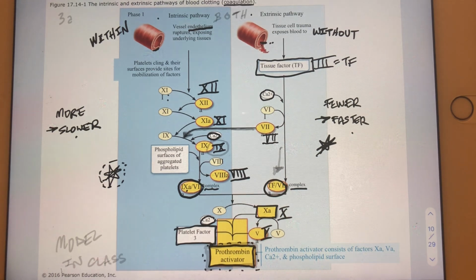All right? Now, you probably noticed this arrow connecting extrinsic and intrinsic pathways.